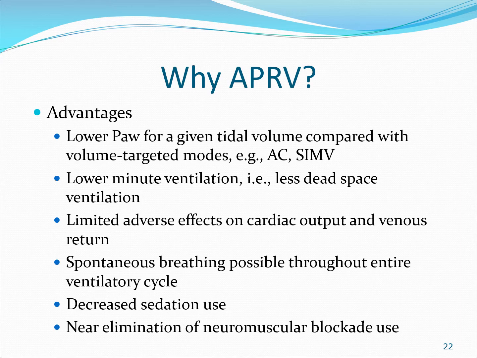Another thing is your minute ventilation is going to decrease with APRV. Why? Because you have less dead space ventilation, and we'll get a little bit more into that. Because there are lower pressures, it has less adverse effects on cardiac output and venous return. Also, you can spontaneously breathe through the whole cycle.